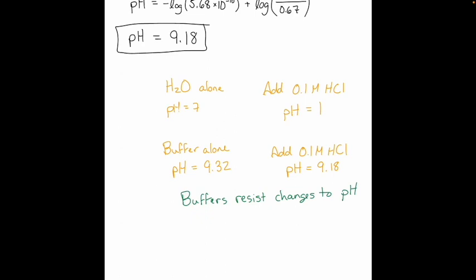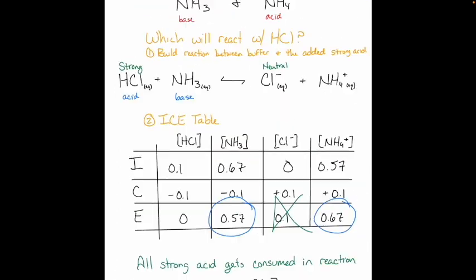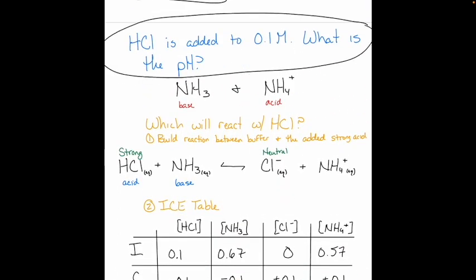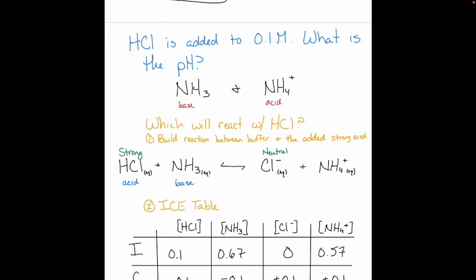All right. So now let's just imagine here. Up here we said that we were going to add 0.1 molar HCl. And the first thing that we had to do was to build that chemical reaction of HCl reacting with our buffer solution, right? So now let's say instead of adding HCl, I'm going to add a strong base like sodium hydroxide.